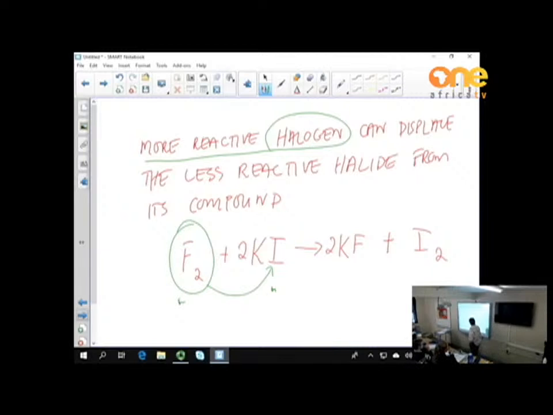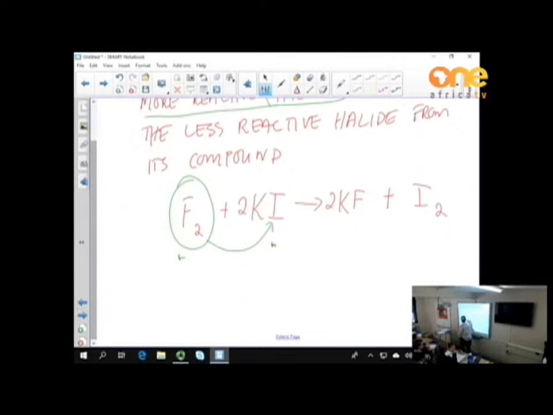In other words, if I gave you this equation, if we said we have chlorine there and I bubble chlorine through a potassium fluoride solution, what is going to happen? Which one is more reactive? This one or that one? That one is more reactive. So can the less reactive one displace the more reactive? No, it can't. So there won't be any reaction.